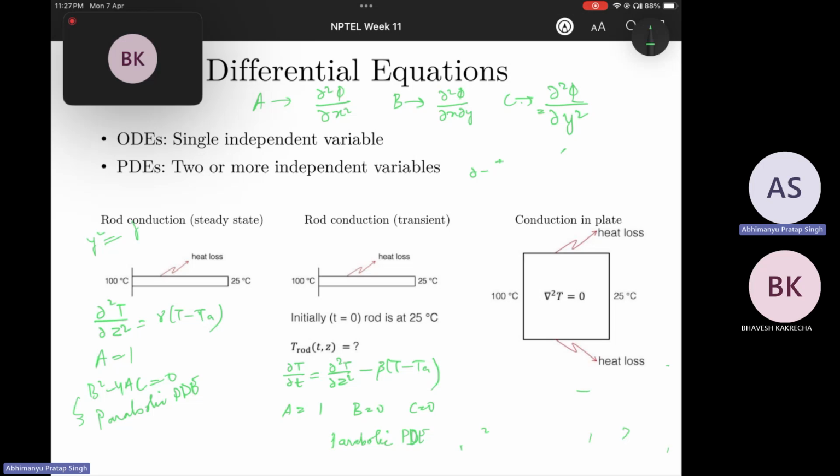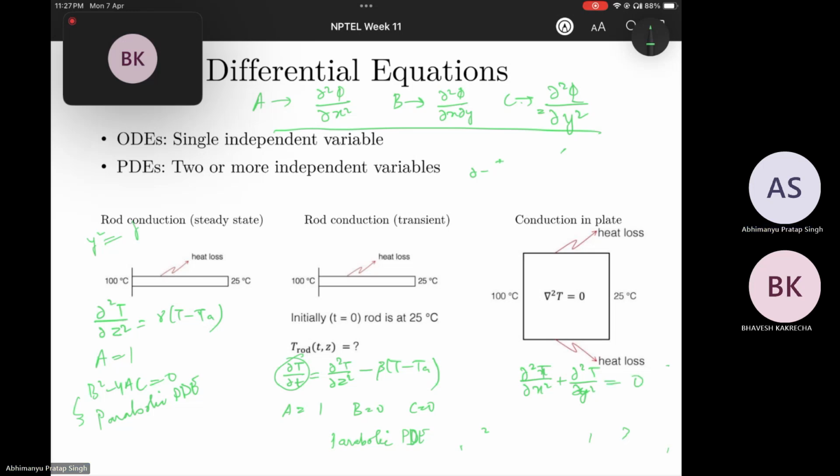Similarly for the conduction in plate, either if I take the steady state or the transient, it does not matter because this term del T upon del t does not contribute anything. We just need to now look at these three terms. So del square T upon del x square plus del square T upon del y square is equal to 0.